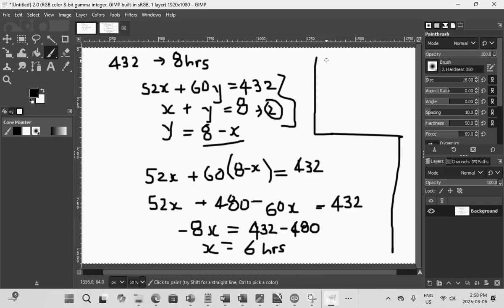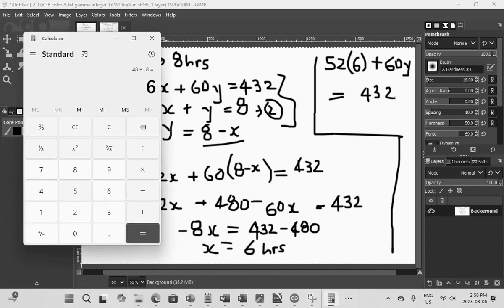So 52x plus 60y equals 432, which is 52 into 6 plus 60y equals 432. 52 into 6, we do the math, is 312.